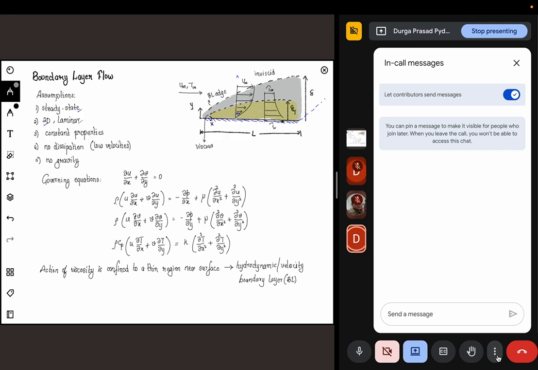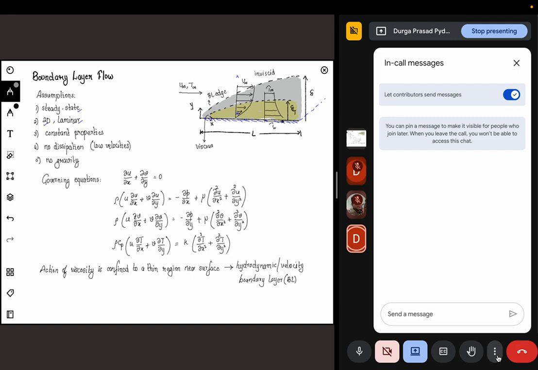And then we have a laminar flow, which basically means that the fluid is flowing in layers like this. We'll discuss that more, it will become clearer once turbulence comes into the picture. And then we assume constant properties, like the rho and the mu that we are considering here are not changing with respect to time or anything else.